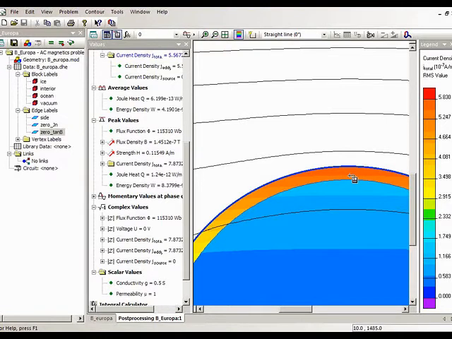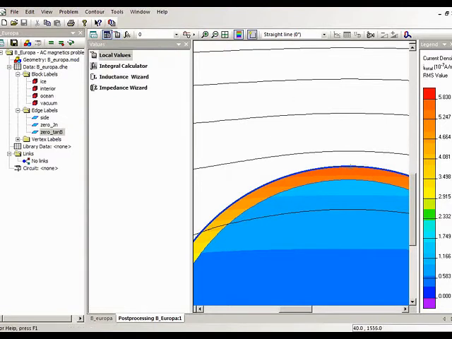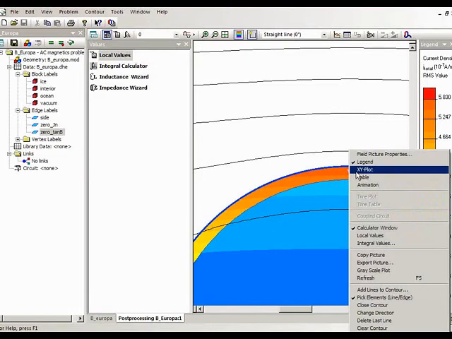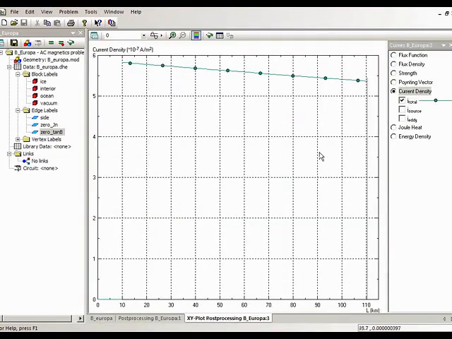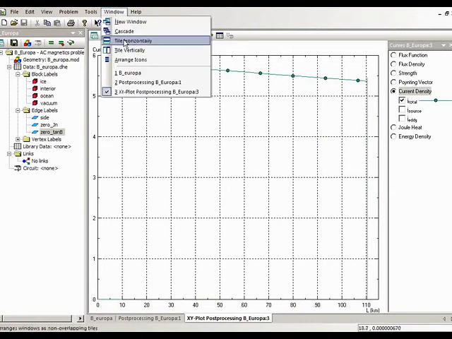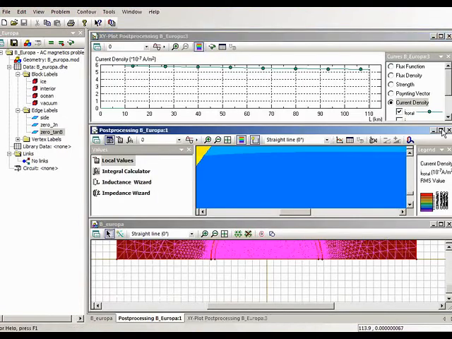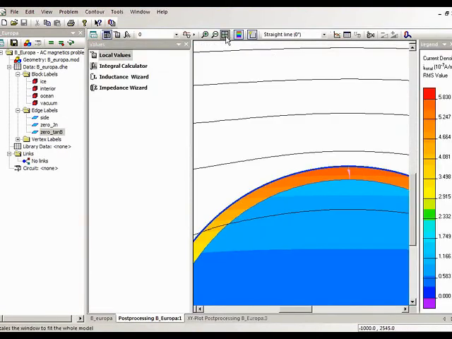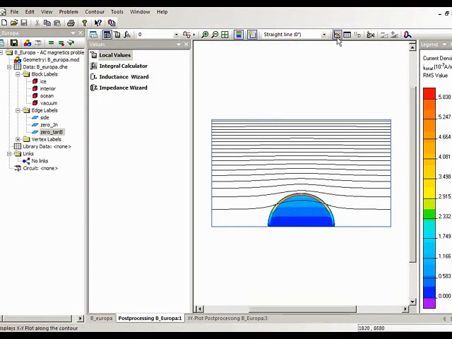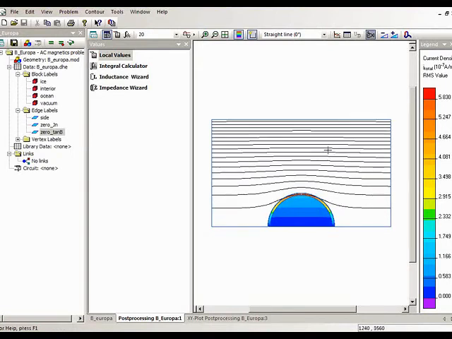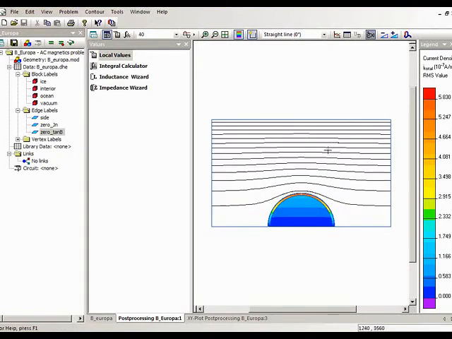Also, we can make a contour plot of the current density, perhaps as a function of depth inside the ocean, which is roughly 10 to the negative 7 amperes per meter. If we like, we can animate the solution and look at the field at various phases.